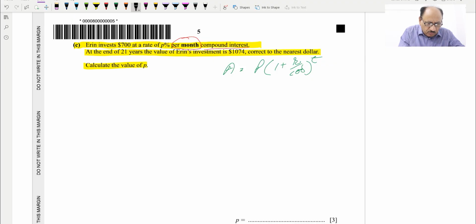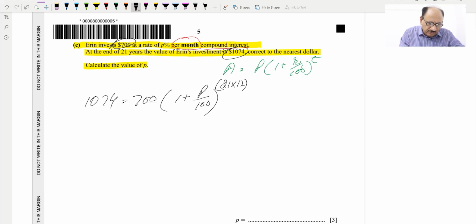So the amount is 1074, which he will be getting at the end, is equal to the principal amount, which is 700, into 1 plus P over 100, raised to the power now 21 years. So 21 years, but it is per month, so we have to multiply by 12 because there are 12 months in a year.